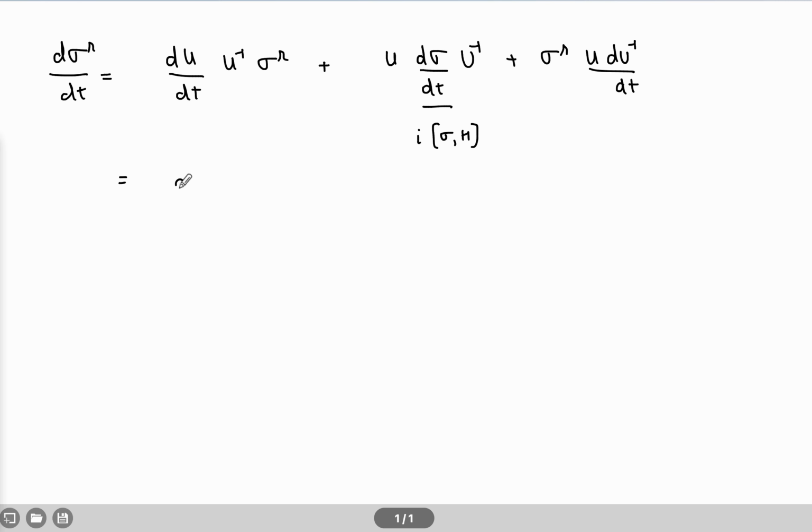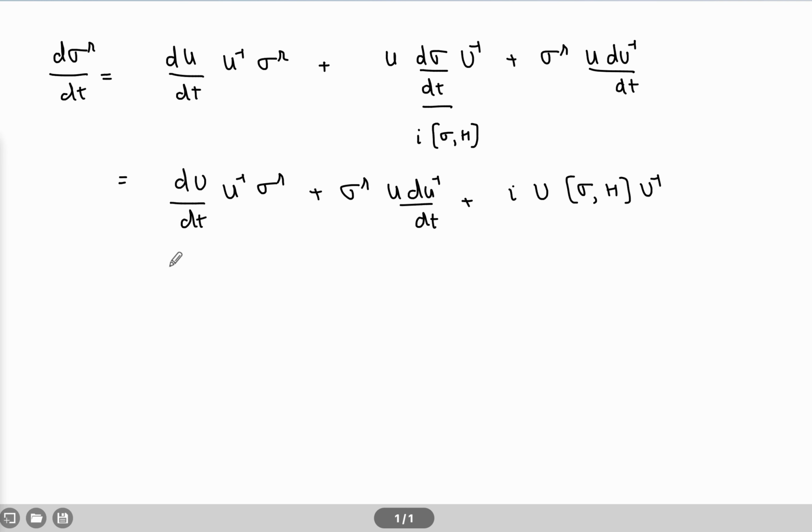So that means now what I've got is dU/dt U inverse sigma r, I'll bring up this one here, sigma r U dU inverse/dt plus I U, commutator between sigma and h, and then U inverse, right? This is fairly simple. Now also let us simplify these two.